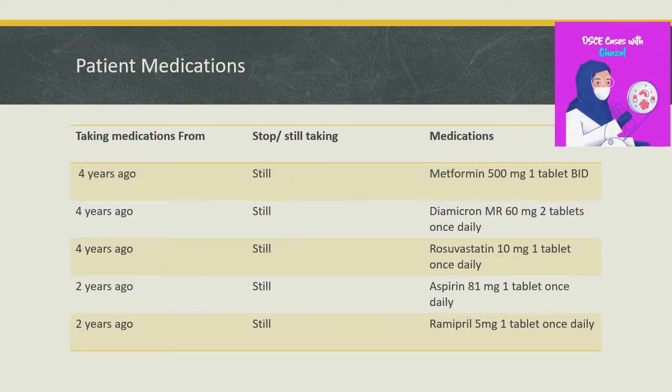Okay, in your profile, I can see that you are taking metformin 500 twice a day, Diamicron 60 milligram, 2 tablets daily. Are you taking it in the morning? Okay. Rosuvastatin, that's I believe for cholesterol, and you take it every day. Aspirin 81 milligram every day, and Ramipril 5 milligram, that's for blood pressure.